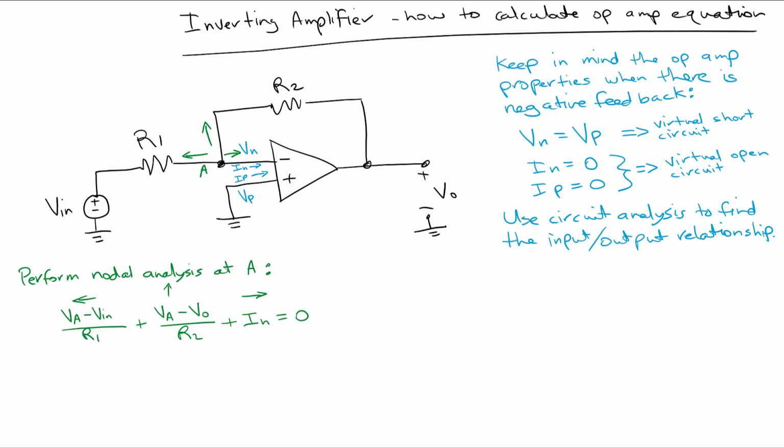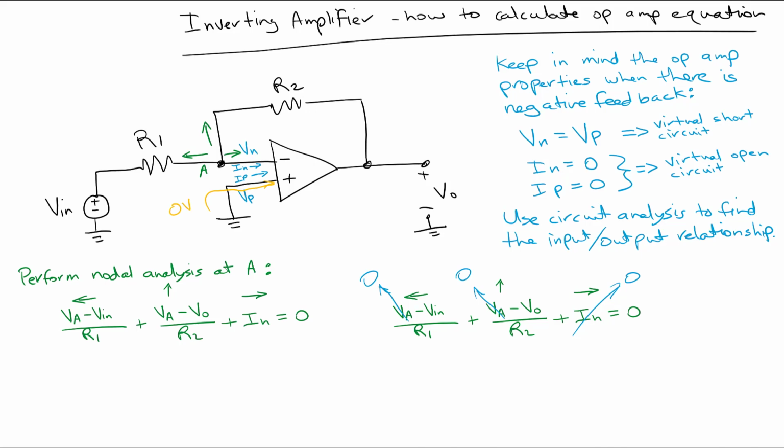So now, if we apply the op-amp properties, then we see that VA goes to 0 and IN goes to 0. So how does VA go to 0? Well, what we know is that VP, the positive input, is connected to ground. Okay, so that's 0 volts.